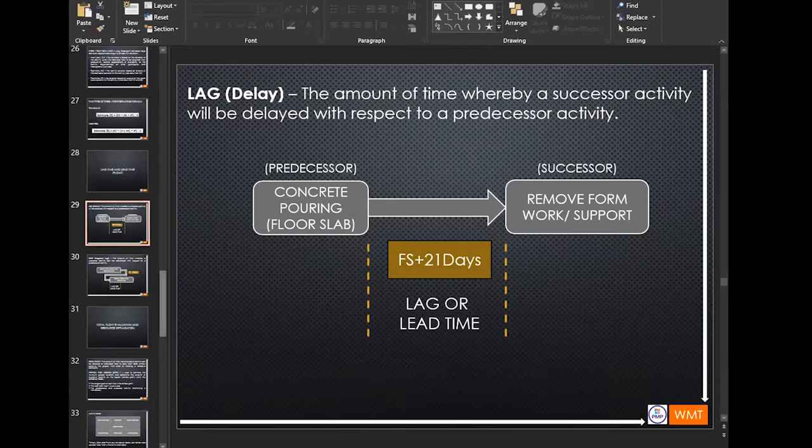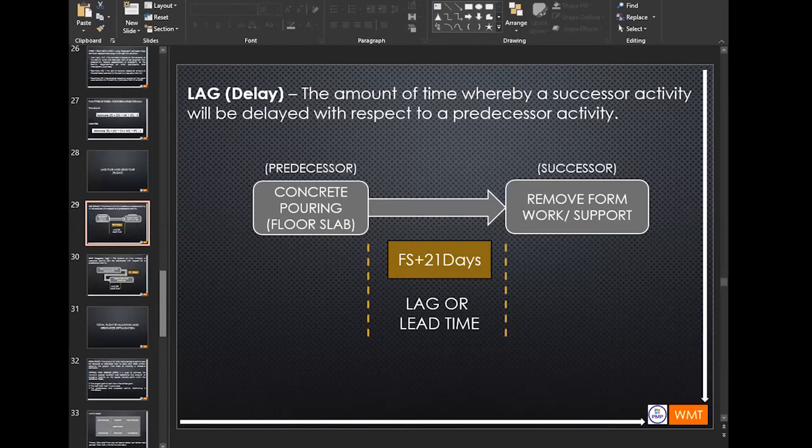Normally, paggawa ka ng schedule, alam mo na yung requirement ng concreting. So, additional na yun sa schedule mo. Alam na yan ng client na ganito ang kailangan na period para makaproceed ka sa next activity.